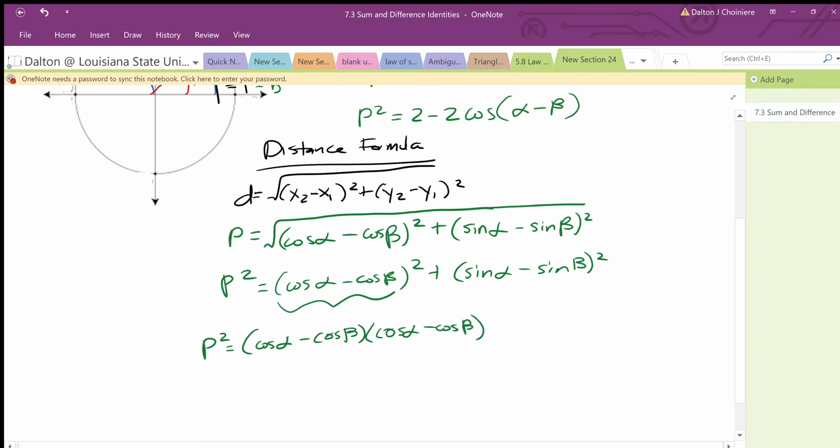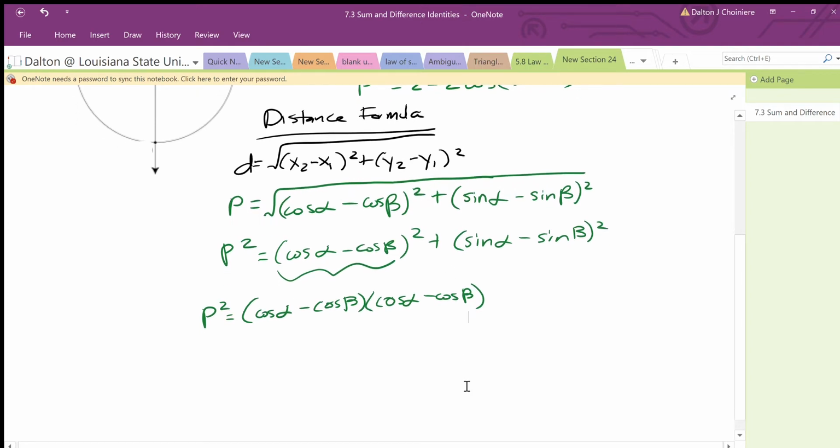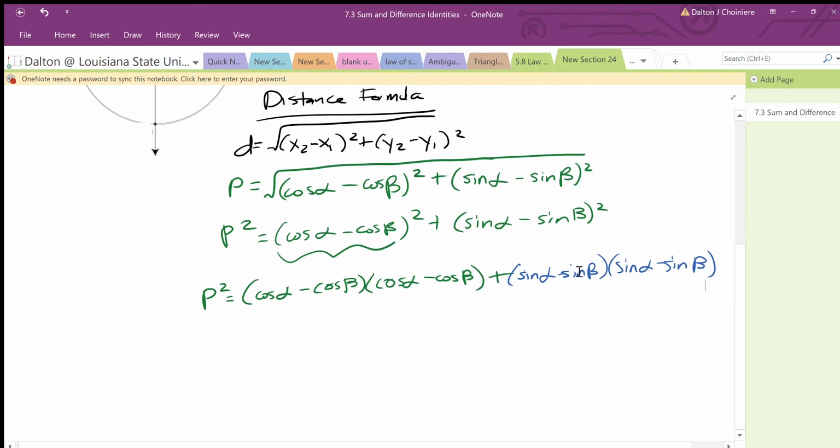So when you FOIL that, many people forget that term that is in the middle. Plus, if you need to write out the full square on this side as well, sine alpha minus sine beta times sine alpha minus sine beta. Again, this looks like a hot mess, but some of it's going to start to combine here in a second.